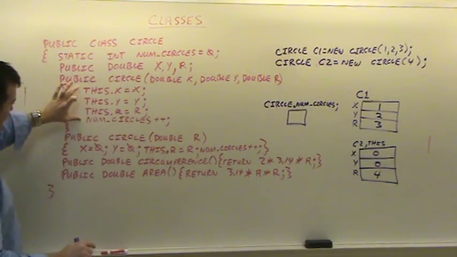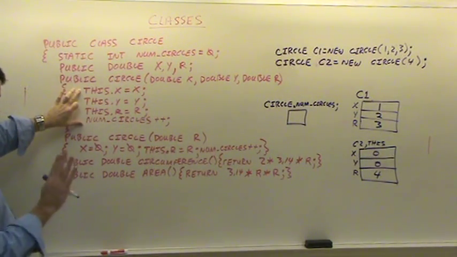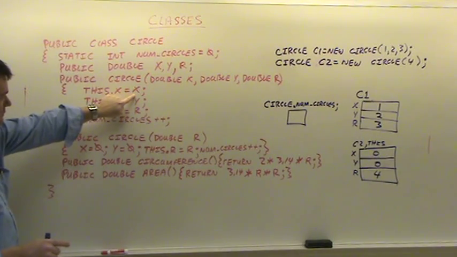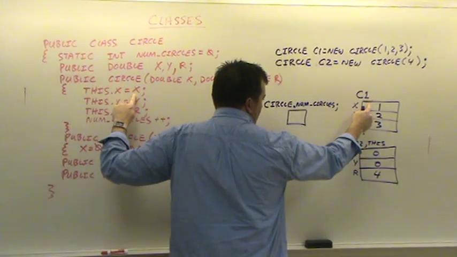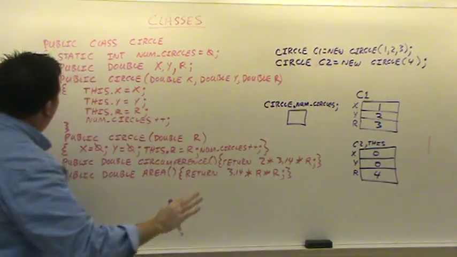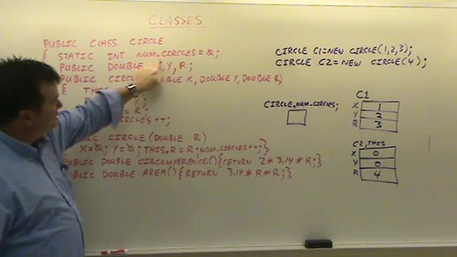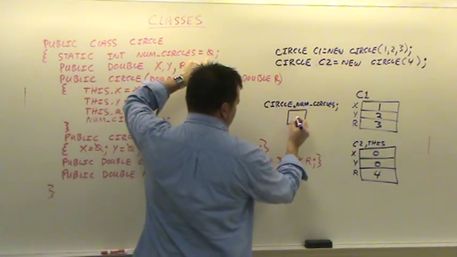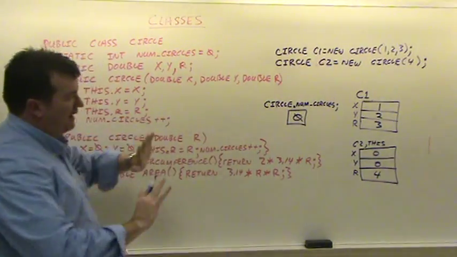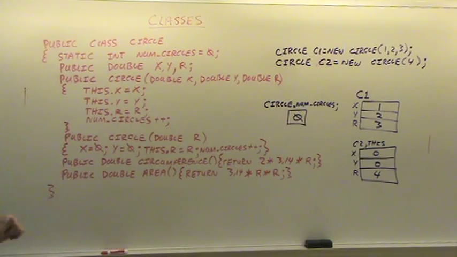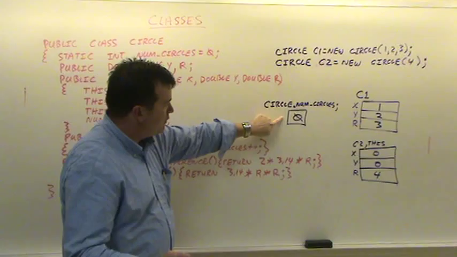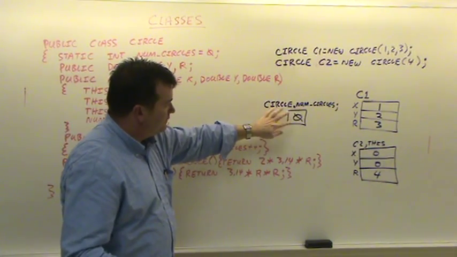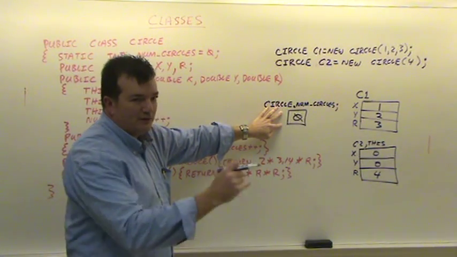So, let me just go back to this first constructor. We filled in x, the x parameter, the 1 got copied into the 1 field. When the class originally got loaded, we initialized this variable to 0. So that would be before any of the class objects started being created. This field, where there's one variable for the entire class, was set to 0. Now, subsequently, we can change that.